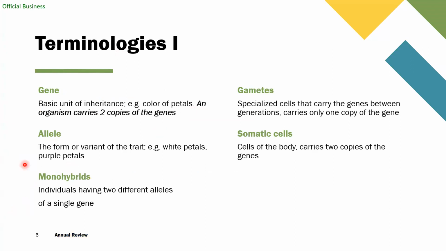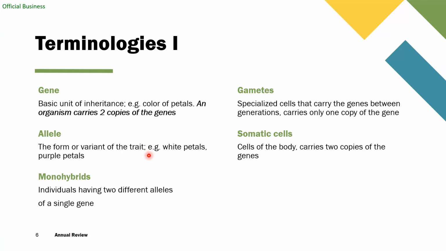Now we have the allele. The allele is a variant of the trait, so it's a variant of the gene. For example, if the gene is about the color of the petals, the allele is whether the petals should be white or purple.